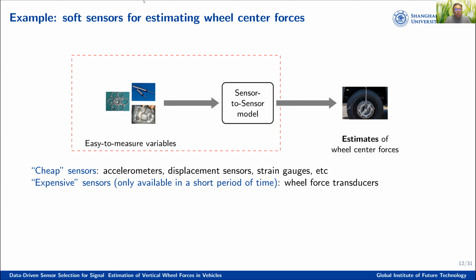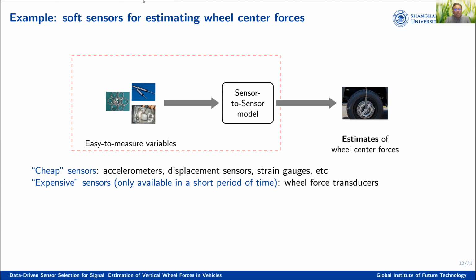The reason we choose the cheap sensors is that, compared to expensive sensors, they are really cheap, like tens of dollars. The expensive sensors for measuring these wheel-center forces cost tens of thousands of dollars.